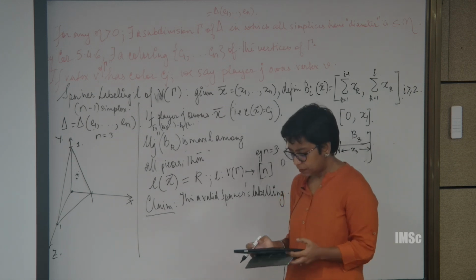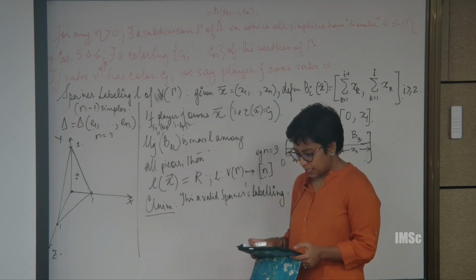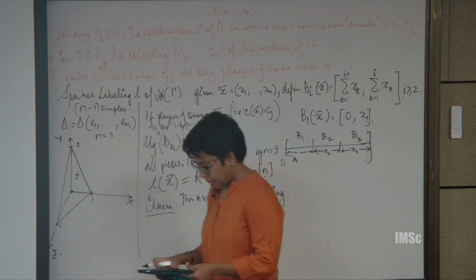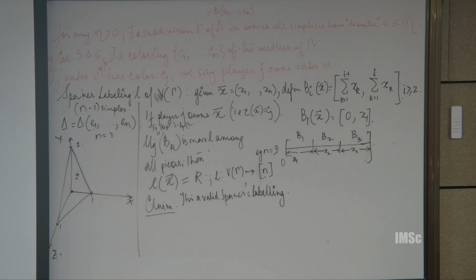Okay. So, once this is true, what does Sperner's lemma say? It says that once you have a valid Sperner's labeling, it is implicit that we are talking about a valid Sperner's labeling, then there exists an odd number of properly labeled simplices.